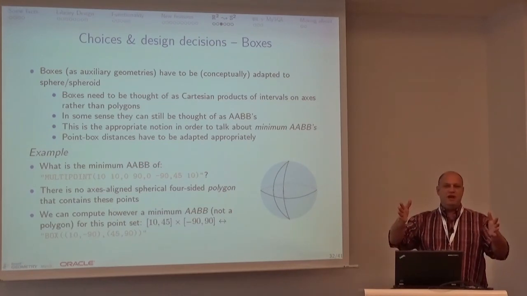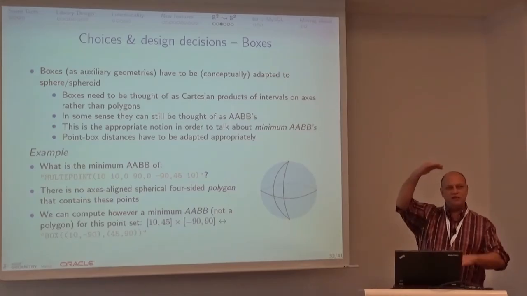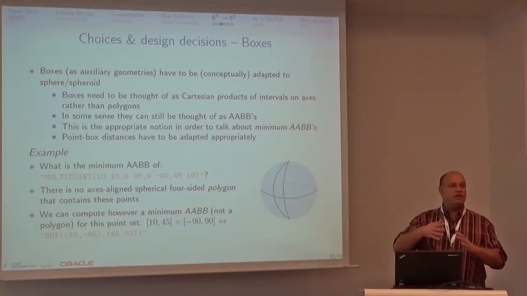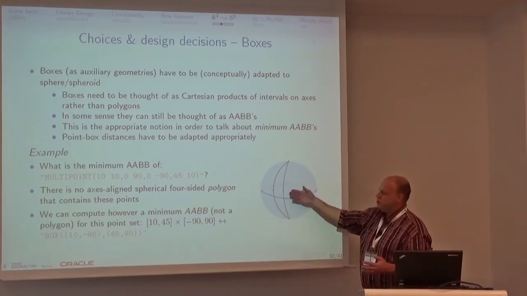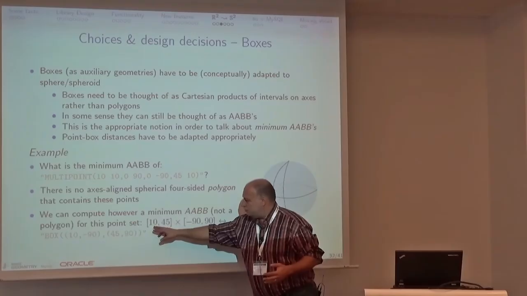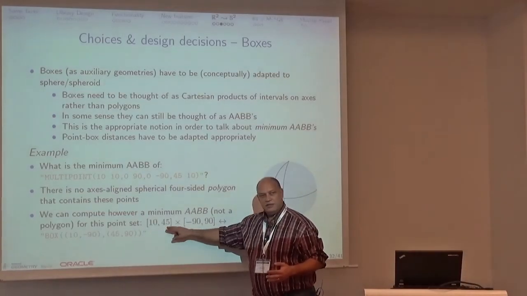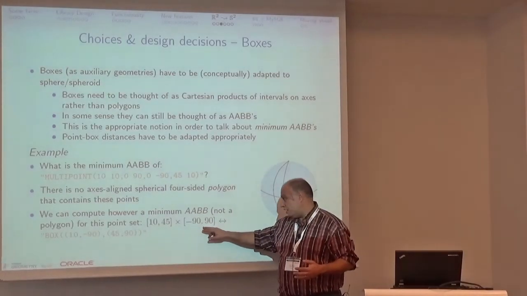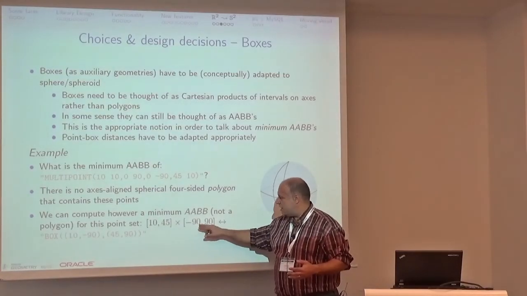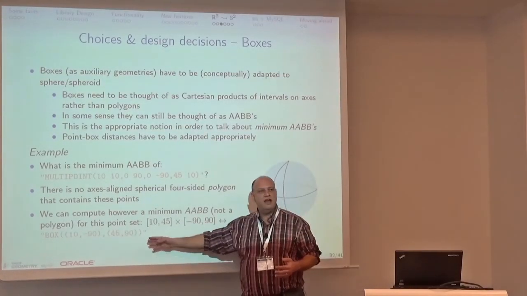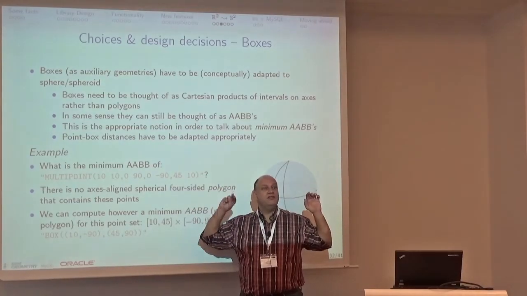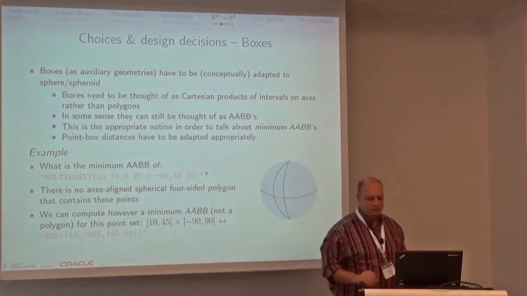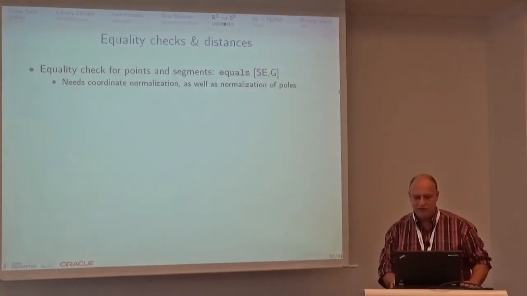It's a range of longitudes and a range of latitudes coupled together as a Cartesian product, then this is very easy to do. These points have longitudes that go from 10 degrees to 45 degrees, and their latitudes are from minus 90 to 90. So there is a very natural way of defining a box, a Cartesian product of intervals, for those points. This is the decision that we made.